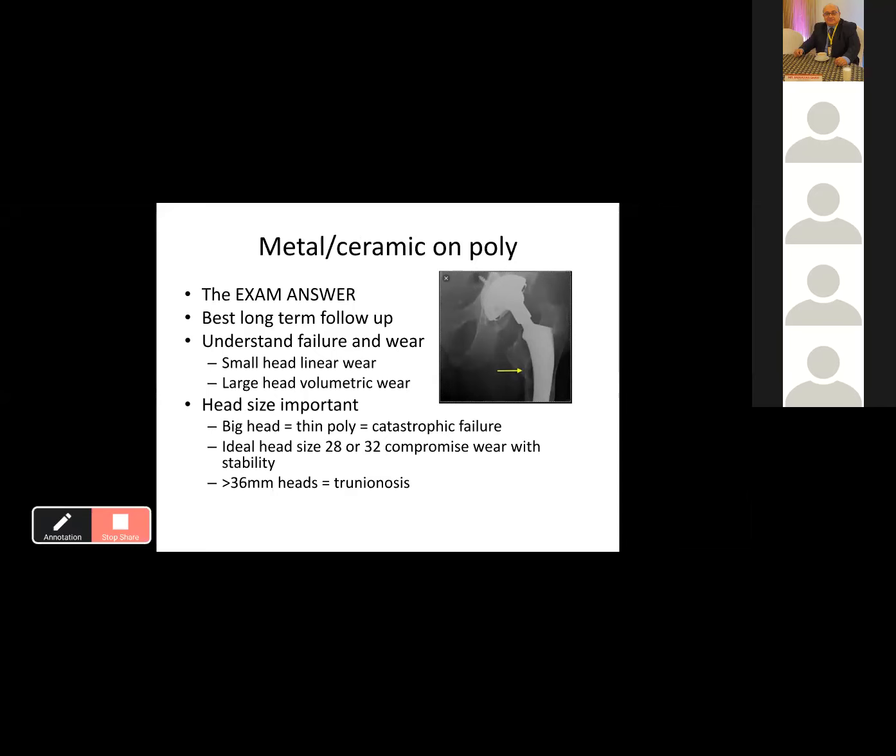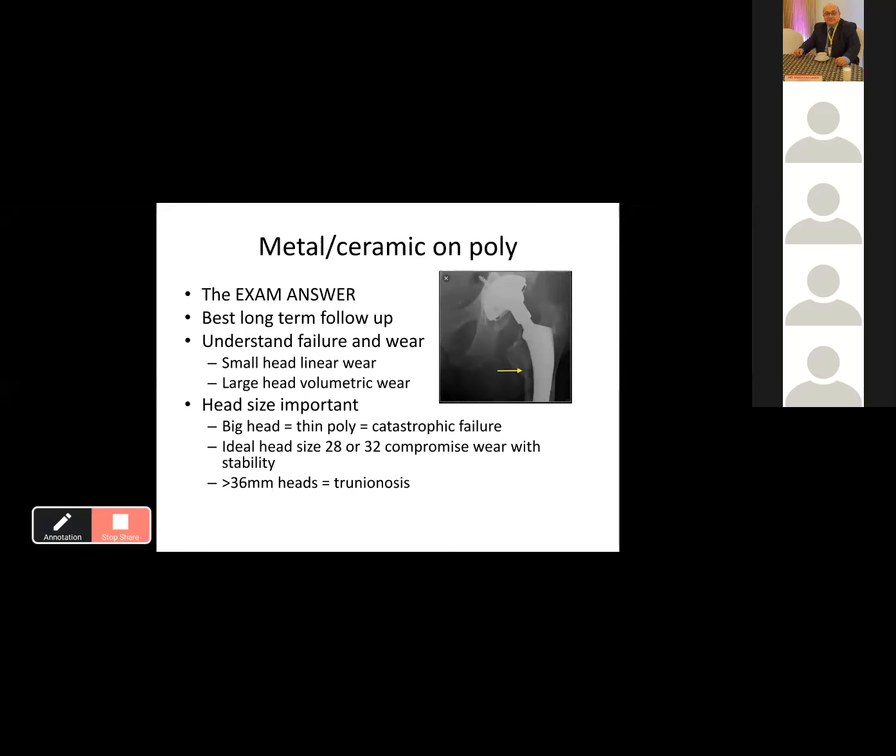You've got to understand as well, with the ceramic on poly, which is becoming increasingly popular, they are said to have a lower infection rate if you look at some of the registry data, and they propose that is because of the wettability of the surface, so that bacteria is less likely to adhere to the surface of a ceramic head than a metal head. It also has less scratch properties and so on and so forth, so it should have a lower surface area.